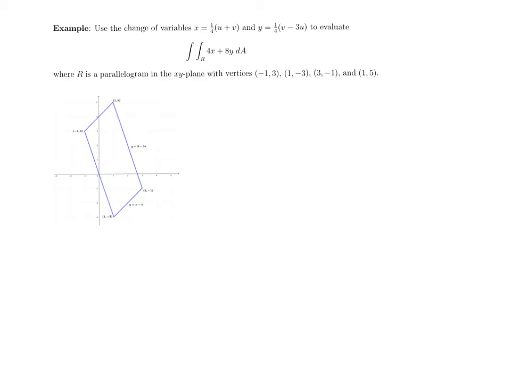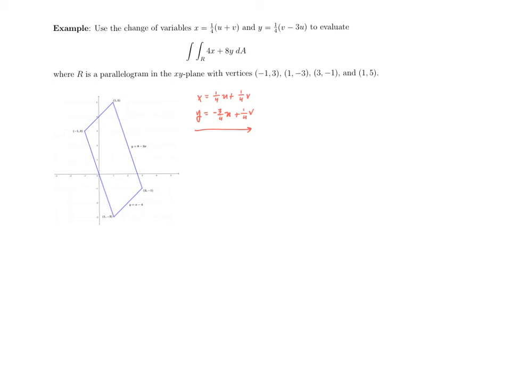Let's start off with the region of integration. So the first thing that we want to think about is how will our region be modified under this transformation. We have x is equal to 1/4 u plus 1/4 v, and y is equal to minus 3/4 u plus 1/4 v.